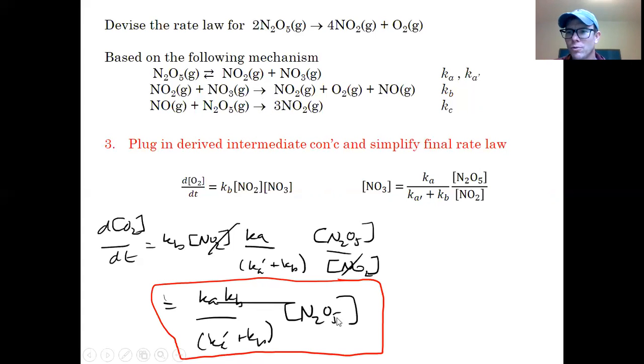It depends only on the concentration of N2O5. And once it produces these intermediates, all these downstream reactions go, and they're relatively quick. This is not necessarily apparent just from looking at the reaction, but when you go through and solve this all the way out, it's fairly straightforward. That's it.